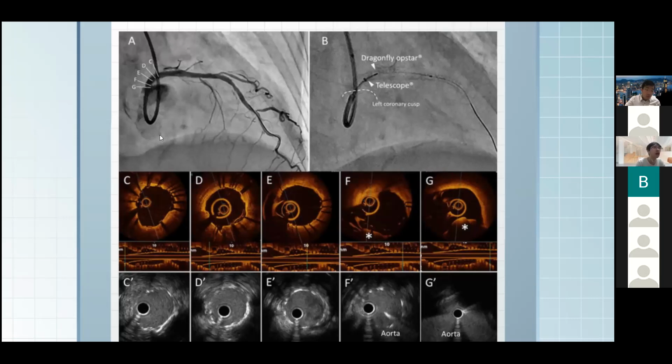So this diagram essentially shows, firstly, we can determine where the catheter is via the angiogram, because usually when you insert the catheter into the lumen, you're more likely to get lost. In layman's terms, you basically can't tell where the end of the tunnel is and where the beginning of the tunnel is.